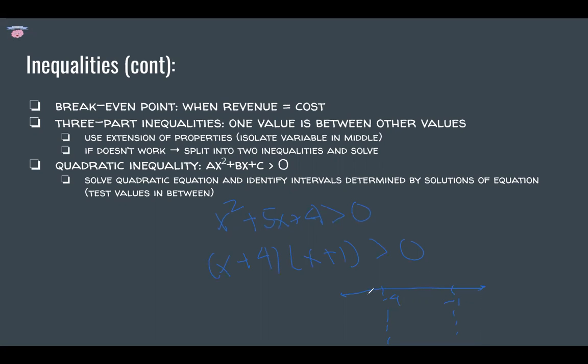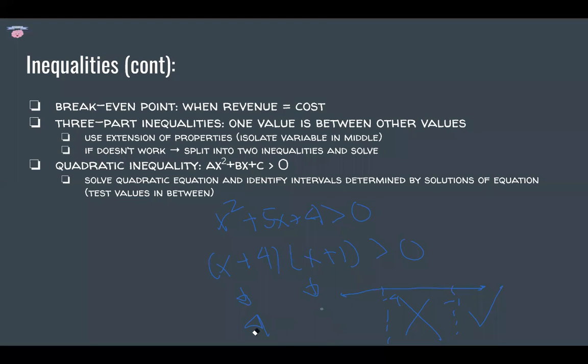So we have to plug in values from each interval to see if it's greater than 0. So for example, in the middle interval, if you plug in -2, which is between this and this, you'll get -2 for this, you'll get +2 for this, and you'll get -1 for this. You'll get -2. So this interval doesn't work. If you plug in 0, which is on this side, you'll get 4 for this, 1 for this, which is positive, so this works.